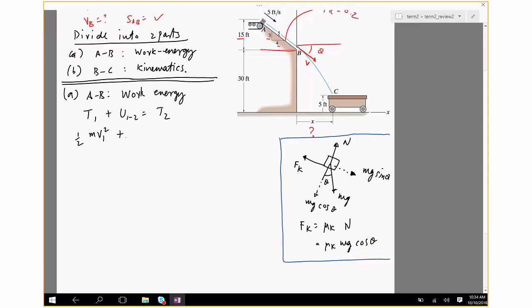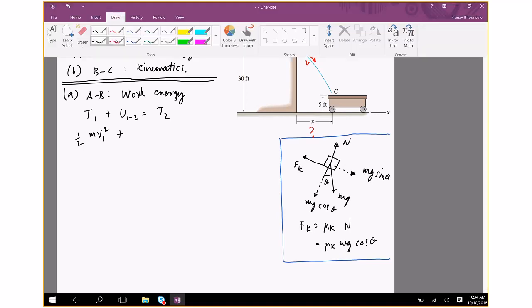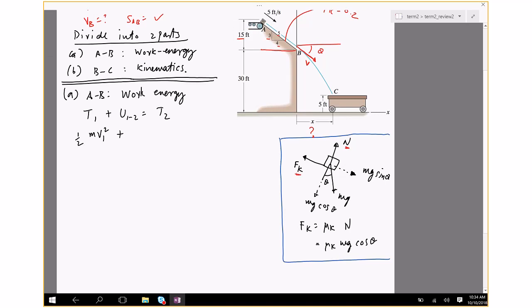Okay, so let's find the work done. Look at the free body diagram. The forces involved are N, Fk, and if you like, you can think of mg, but then you'll have to resolve it. I like to think of this force and this force, the resolved forces. The advantage is that I can clearly see that capital N and mg cosine theta do no work, because the block, when it's sliding, cannot move normal to the plane.